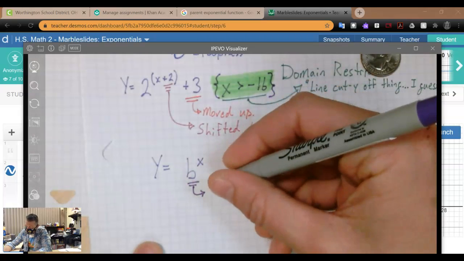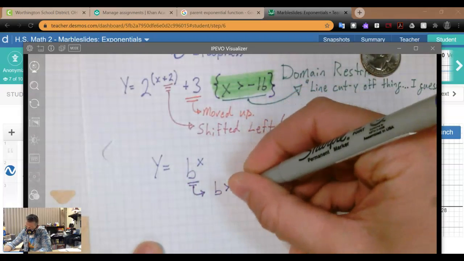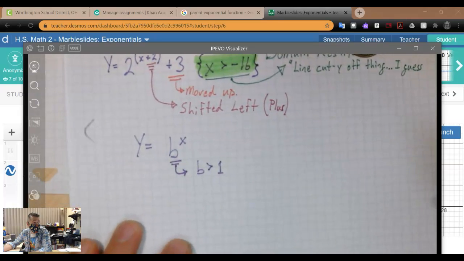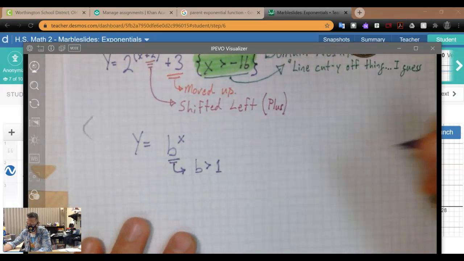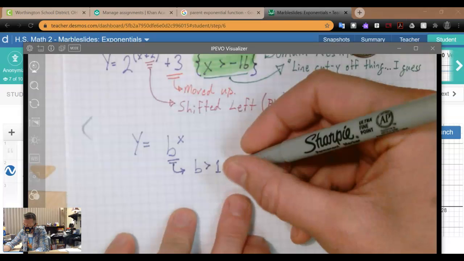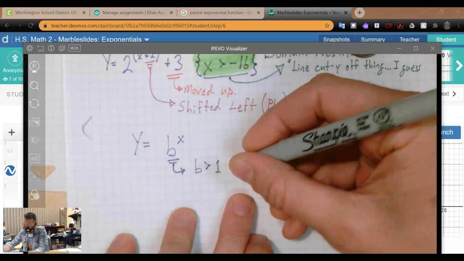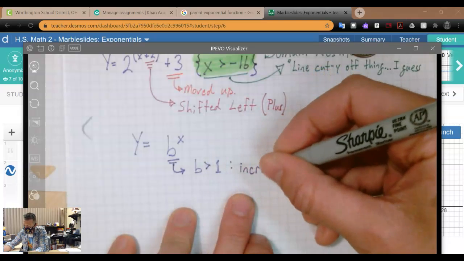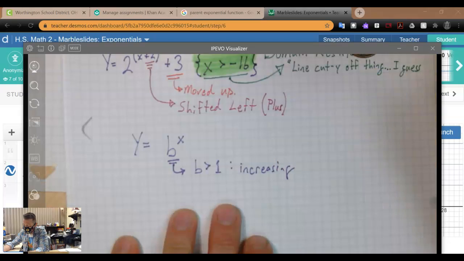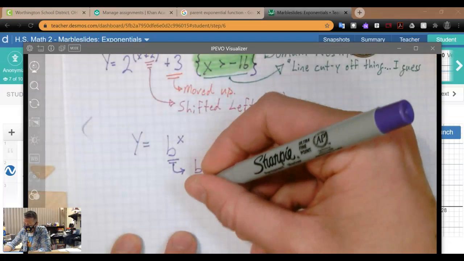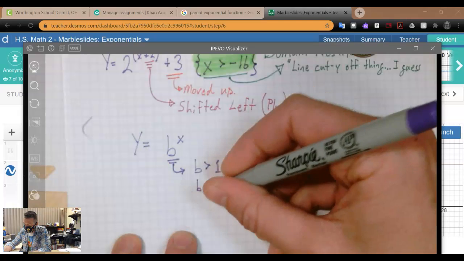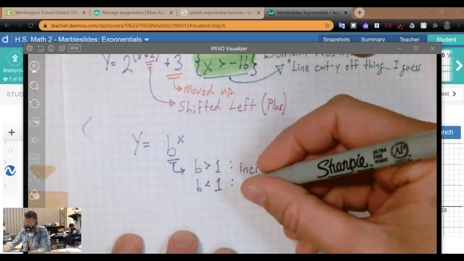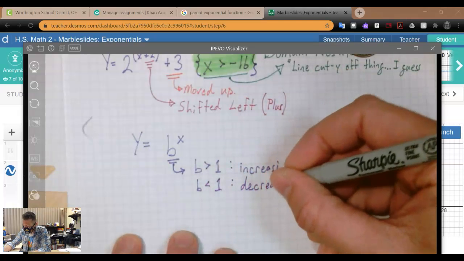When it is greater than 1, please write this down with me. When the base is greater than 1, our value is getting bigger, right? So we're increasing. When B is less than 1, we're decreasing, but why?